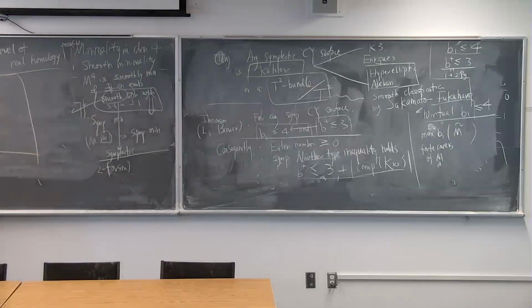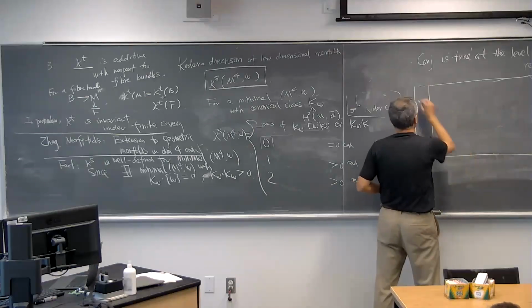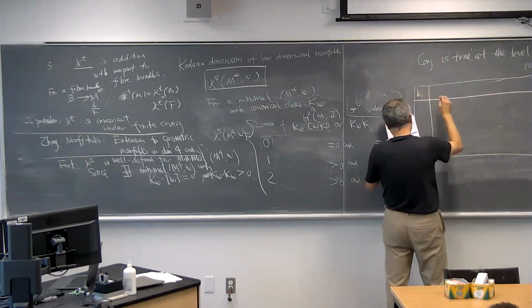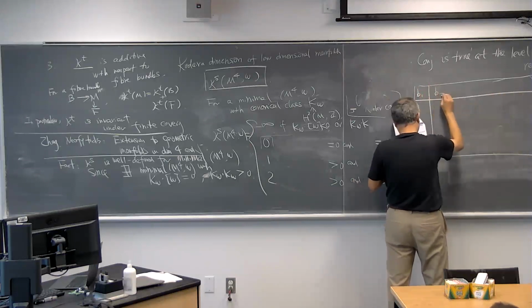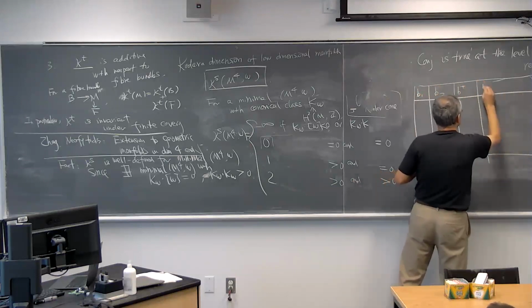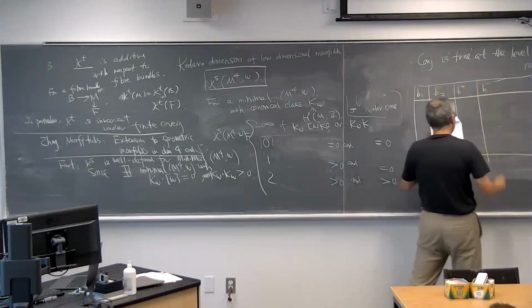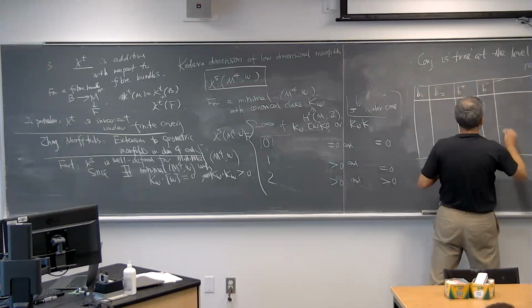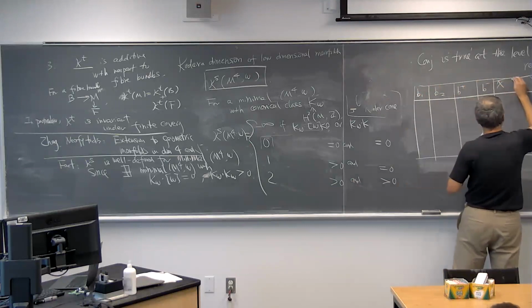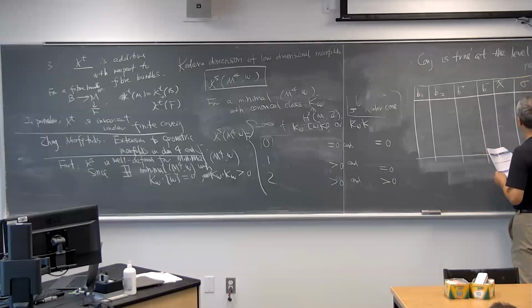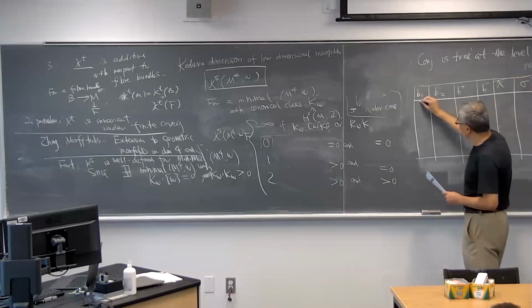You have the b1 line, b2 column, b2 plus column, b minus column, the Euler number column and the signature column. Okay. So here, b1 can be 0.